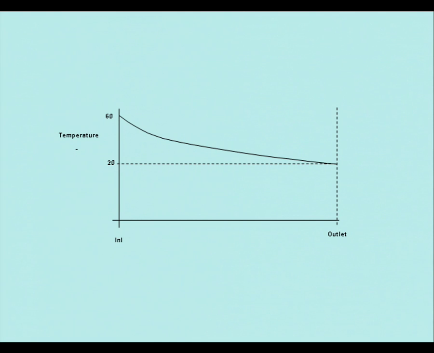Right. So, but the inlet, this is in, this is out. The heat going into the pipe inlet is the mass flow times the specific heat of the product times its temperature.